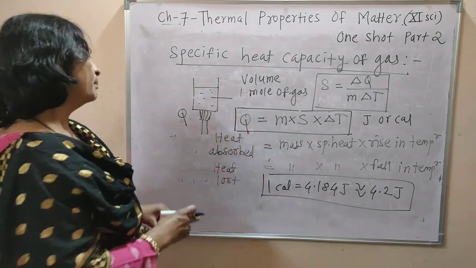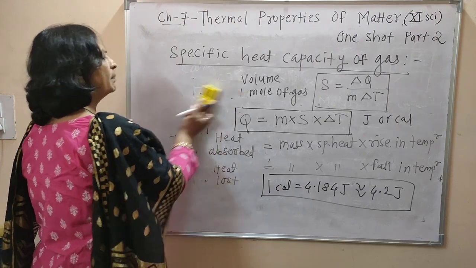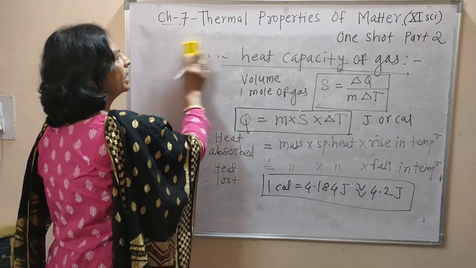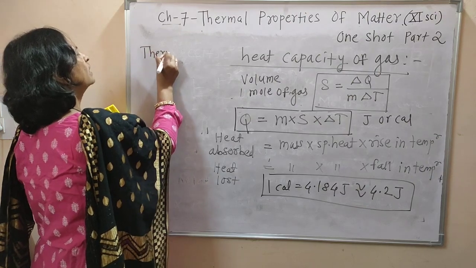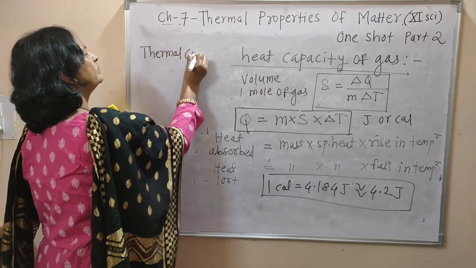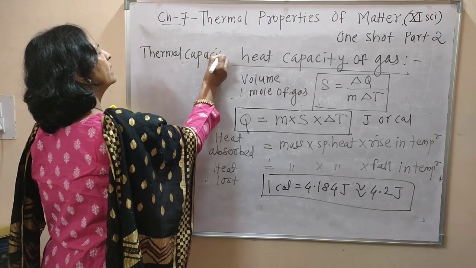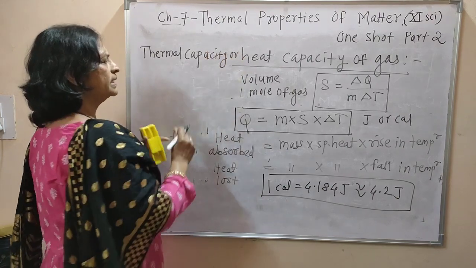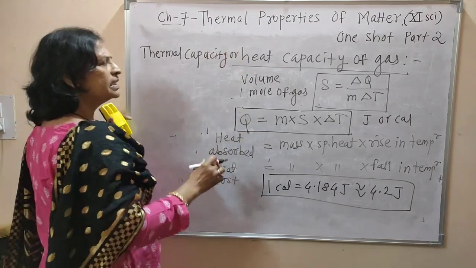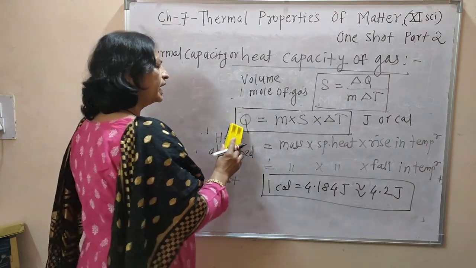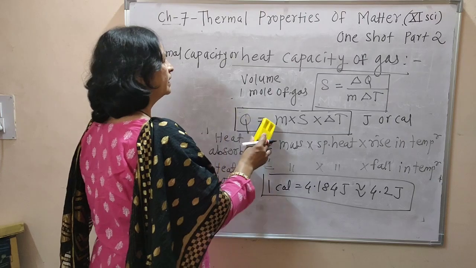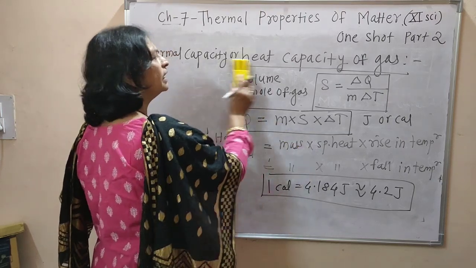What is heat capacity? Heat capacity is also called thermal capacity. When we increase the temperature by 1 degree Celsius, the heat required for that is called the heat capacity.